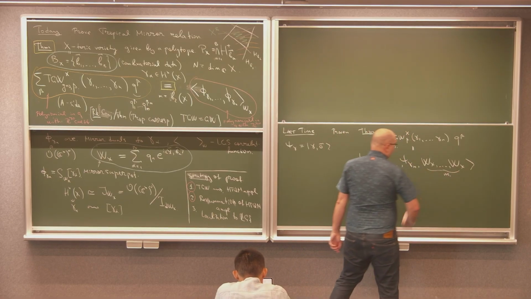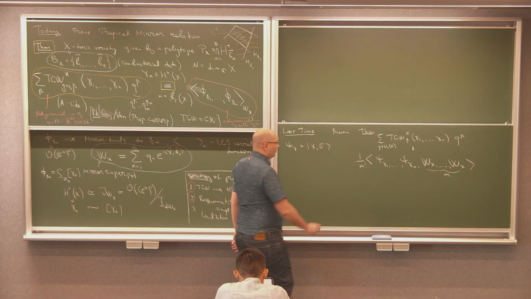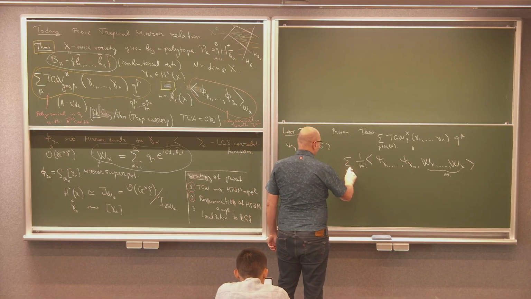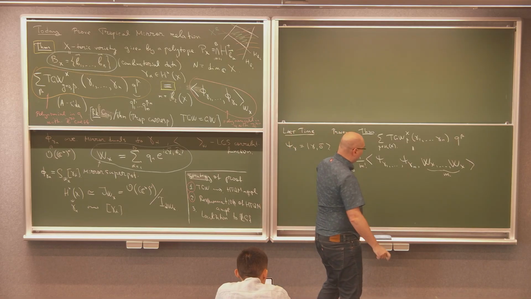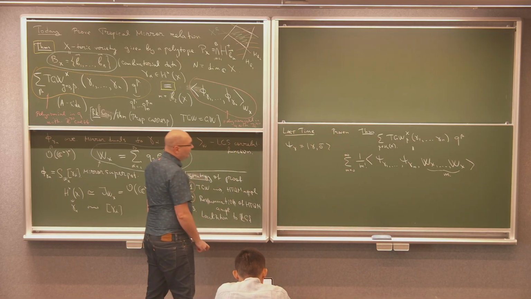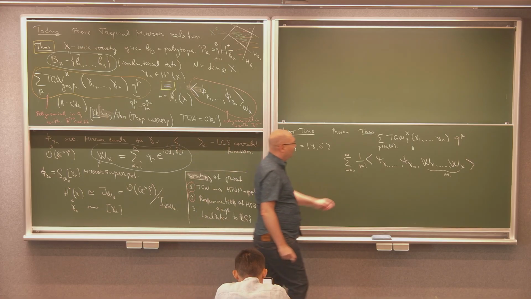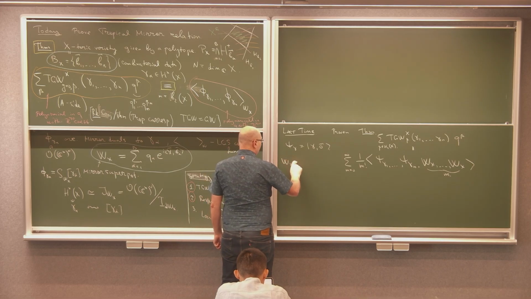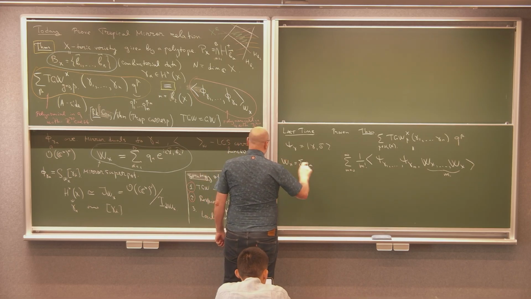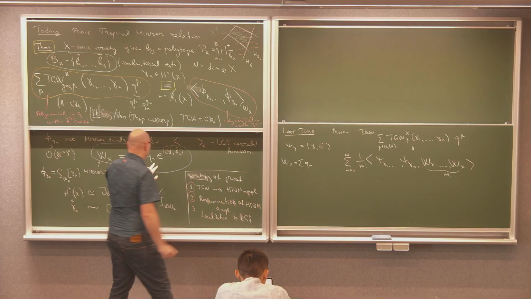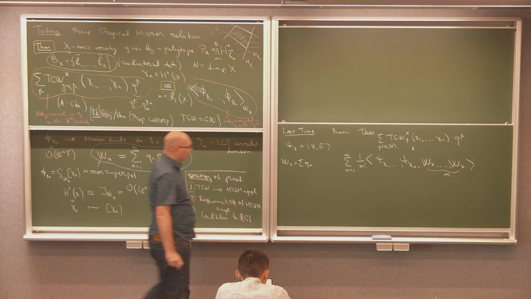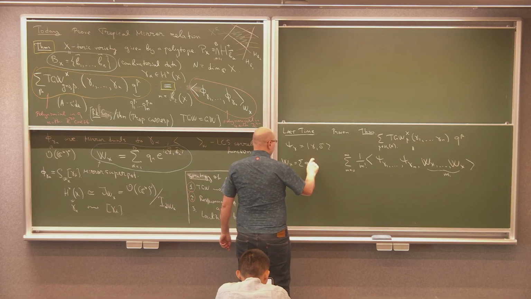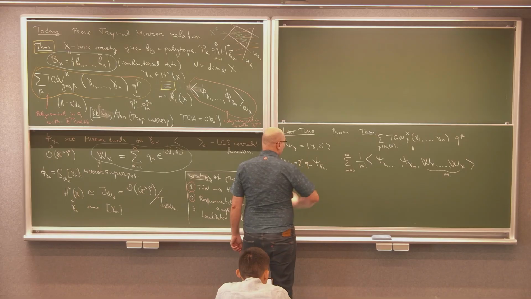We have an arbitrary number of these insertions, and here the summation is from n from 0 to infinity. So that was our first theorem that we proved last time, and this W_X has a structure that starts to resemble the mirror superpotential.